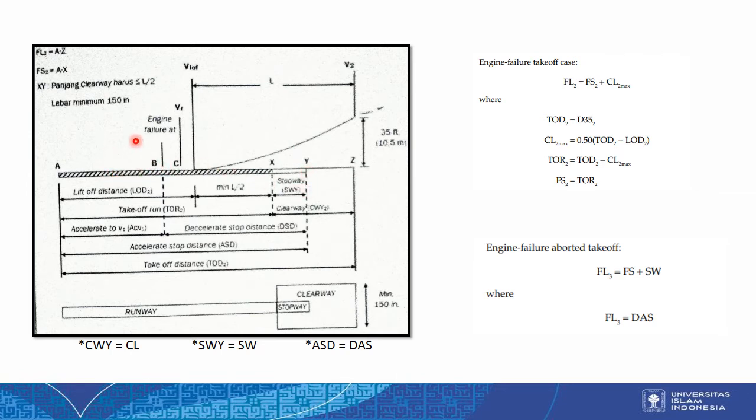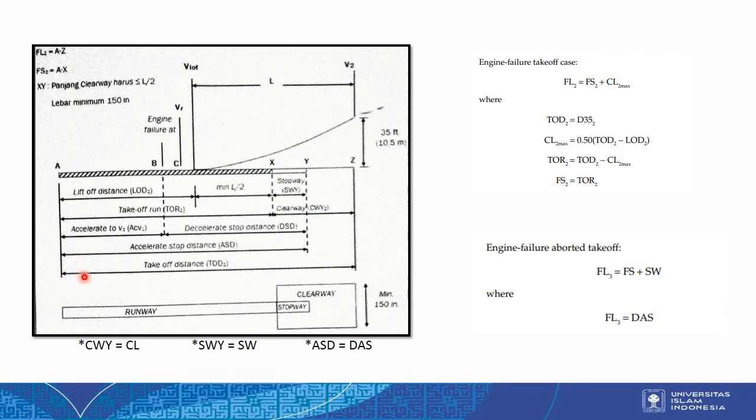And if the pilot decides to continue the flight or the takeoff, the aircraft will go here, at a height of 35 feet from the ground, and this is the takeoff distance from here to here.